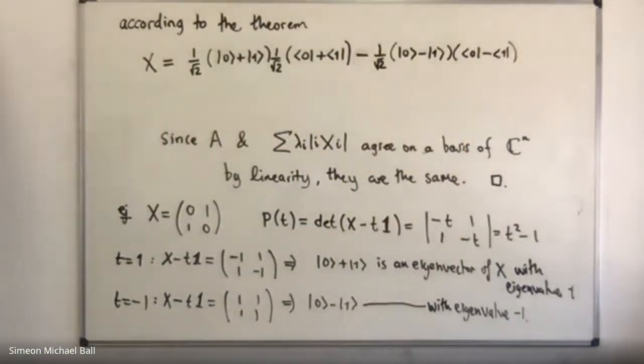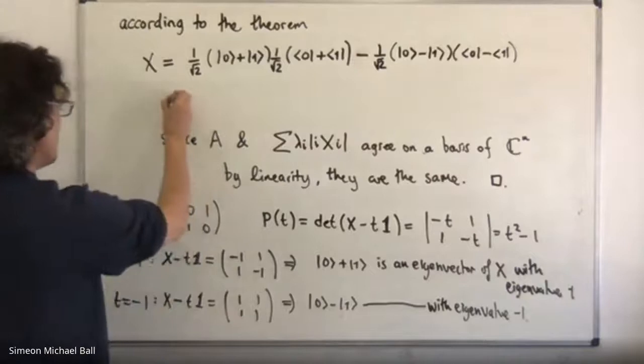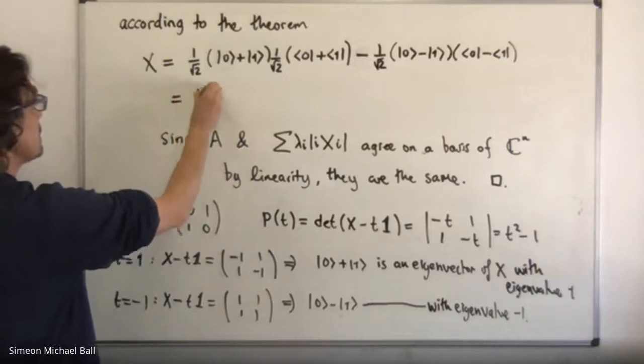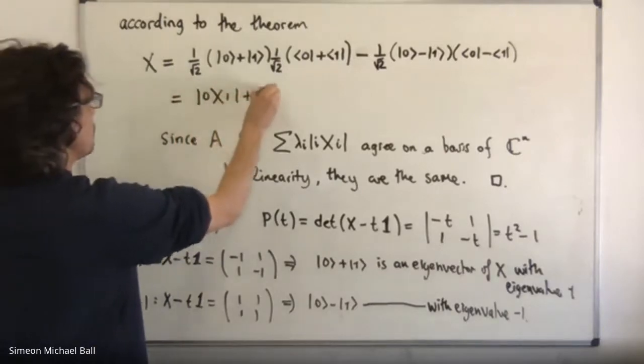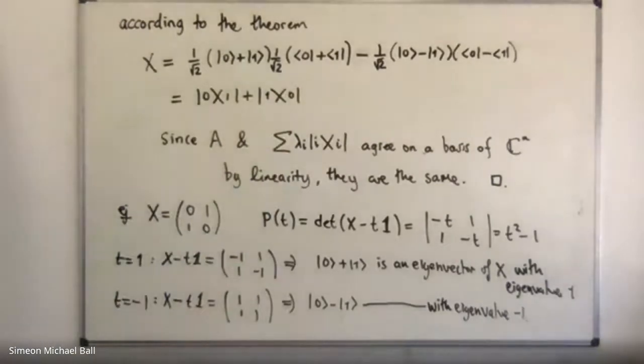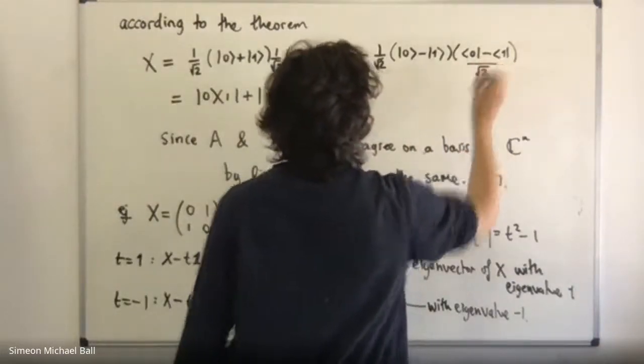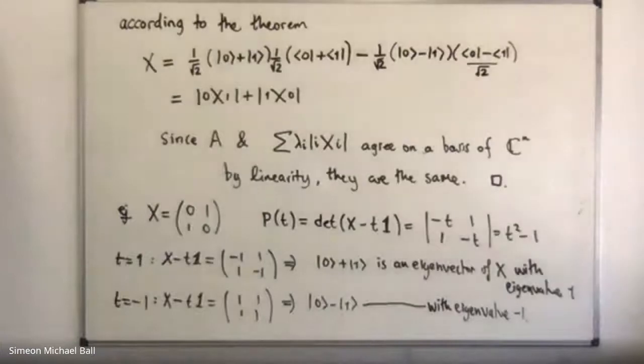Okay, so this should all come out to 0, 1 plus 1, 0. It's number 2. Good.